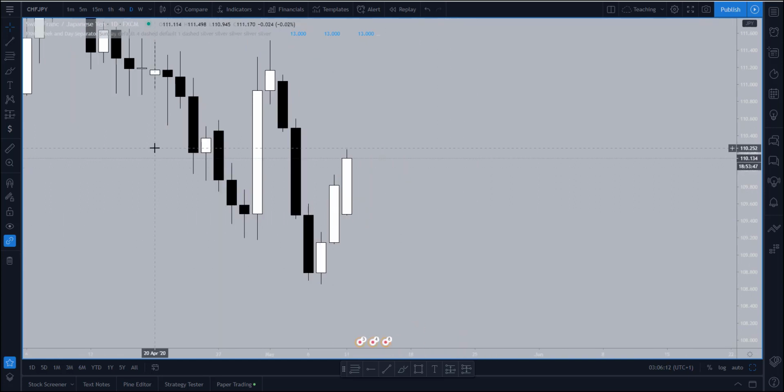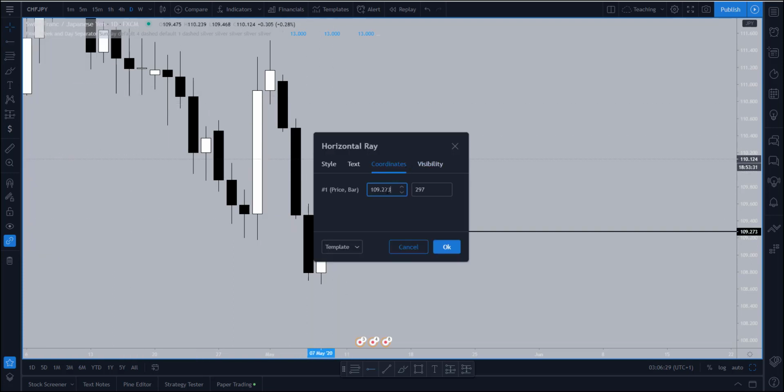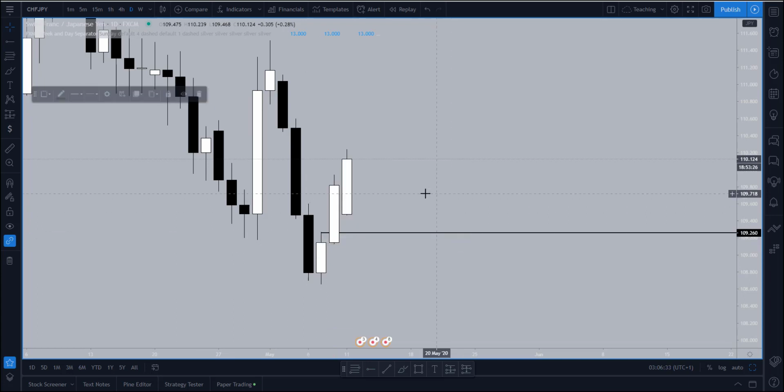When this candle, find the high of this candle, which is 109.26. So I'm going to place a line for 109.26, and then click OK. So we are looking for a close on the hourly candle above this line.